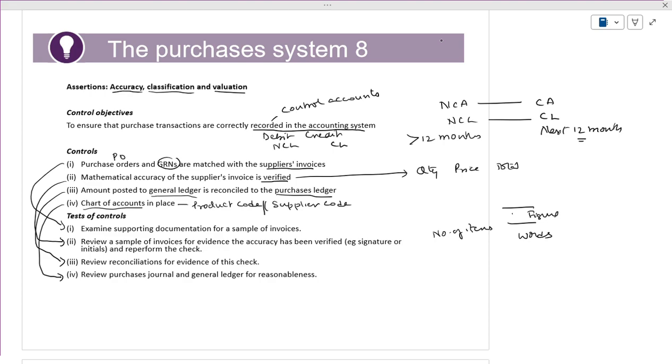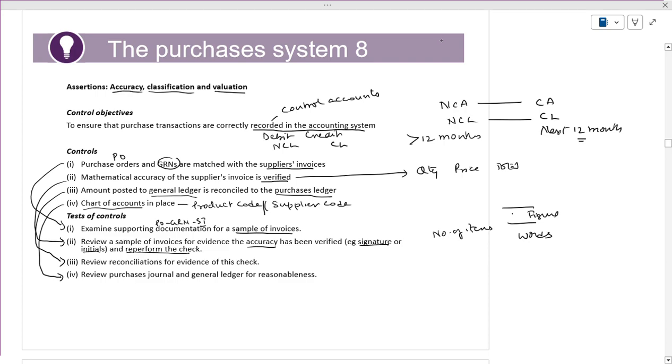What you are doing, we are saying examine documentation for sample of invoices. What is the documentation? Purchase order, you will have GRN, you have sales invoice. Review a sample of invoices with respect to accuracy. What is the accuracy? You are talking about signature, you are talking about initials, you are reperforming the check.